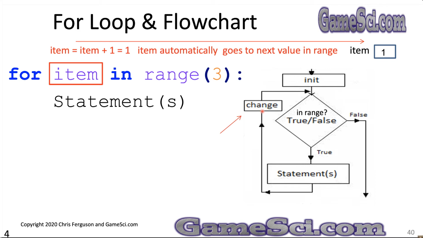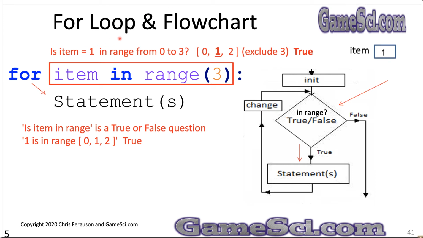Before it comes back up to this diamond, it's going to change item. It's going to bump item to the next thing in the list. Item equals item plus 1. Item goes to 1. Item automatically goes to the next value in the range. We set up that we want a range over 0 to 3. We will bump to the next item in range. The next item is 1.